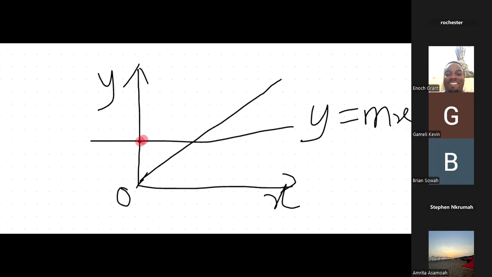So if we had labeled the values, let's say we have 1, 2, 3, 4 on this side, and this side is 1, 2, 3.